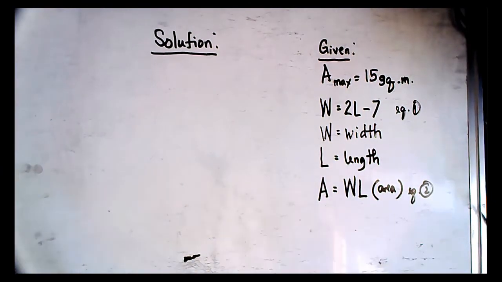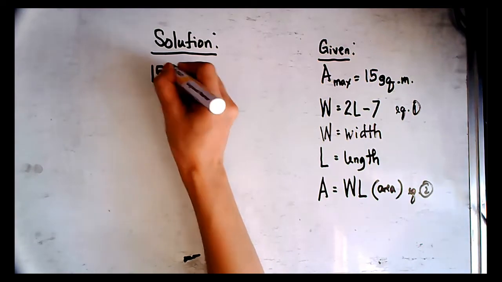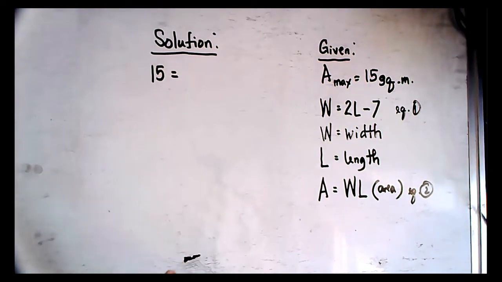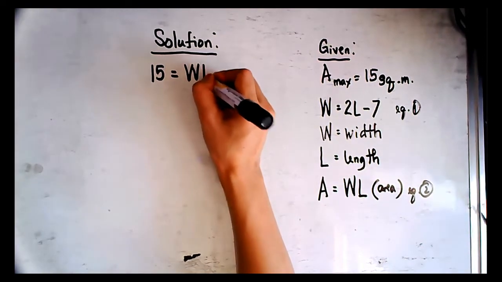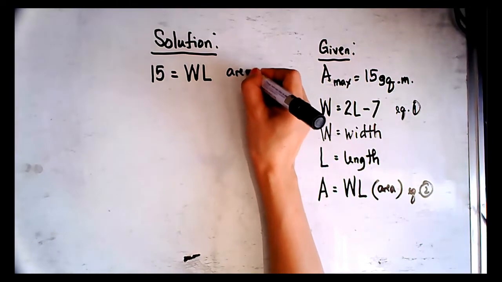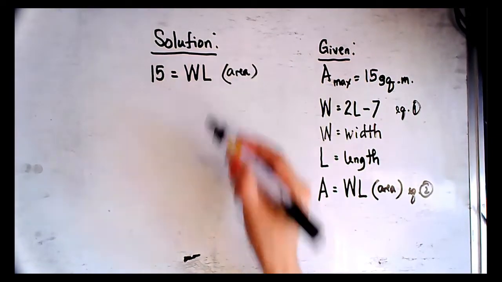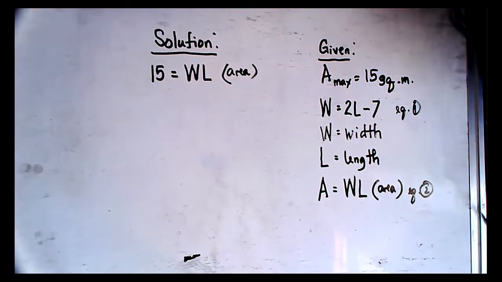Using the formula for the area, and given that the maximum area is 15 square meters, we also have to make use of this formula. Area, width times the length, is equal to the maximum of 15 square meters.